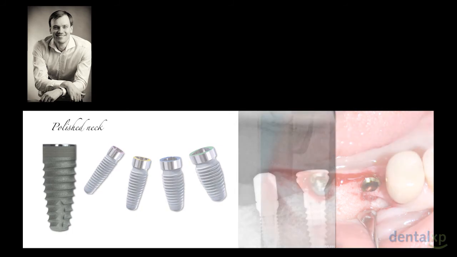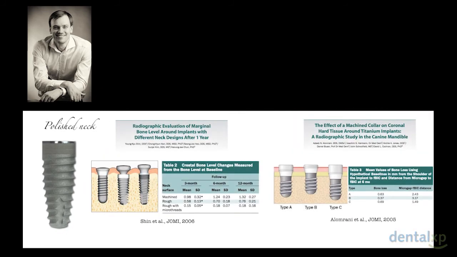But the problem is that doctors started to place polished neck implants below the bone. And it's really now proven that if you place the implant with a polished collar level with the bone or a little bit deeper, you will lose bone to the margin of the polished collar.